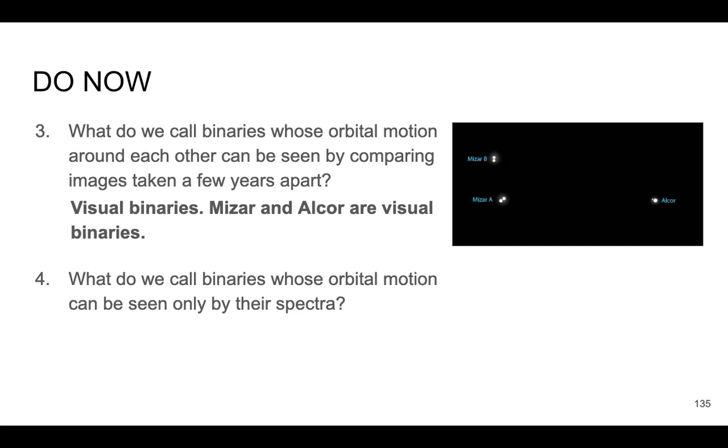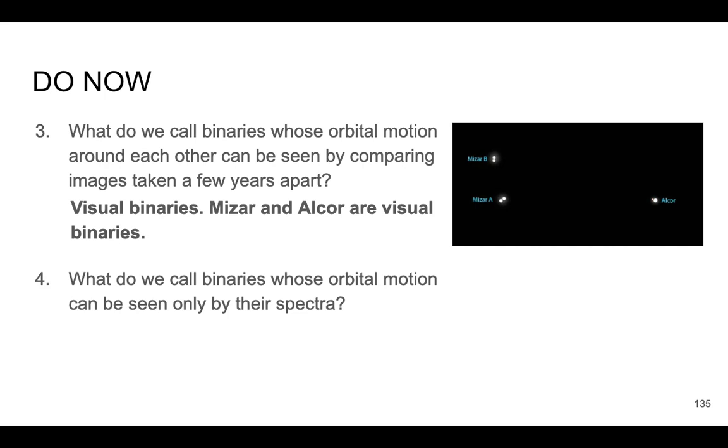If you watch that Crash Course Astronomy video, what makes a star a visual binary is a little bit fluid, because you may have stars that are so close together you can't see them separately with the telescopes you have today. But in a few years, you get a bigger, better telescope, and now you can see separate stars. So they aren't visual binaries today, but in the future, they may be.